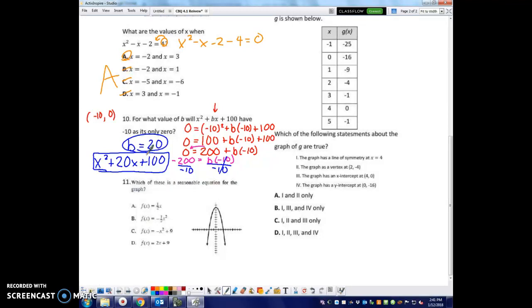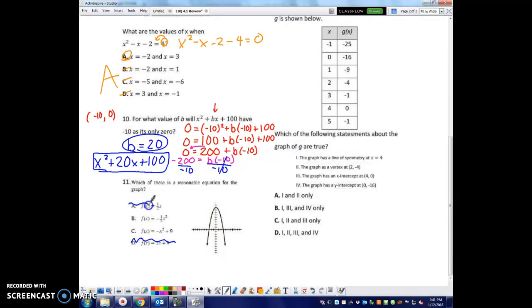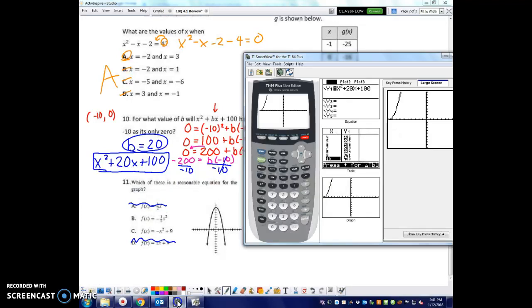So number 11, which of these is a reasonable equation for the graph? You're going to type all these in and find the one that matches. It's upside down, so we automatically should know that it's going to be a negative. So we can cross out this one and this one because they're not negatives. I'm just going to type in both and see which one I think is better.